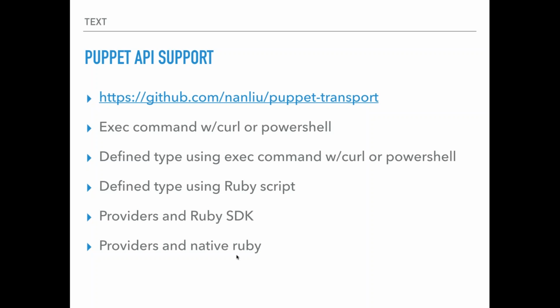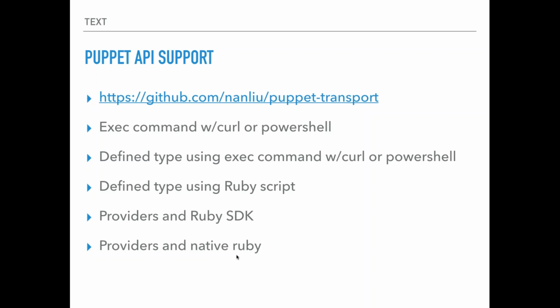Some of the easier, entry-level methods are using an exec command with curl or PowerShell to actually call the API to do what you want it to do. Another step above that would be creating a defined type utilizing an exec command with curl or PowerShell.